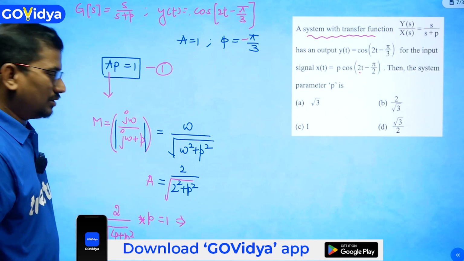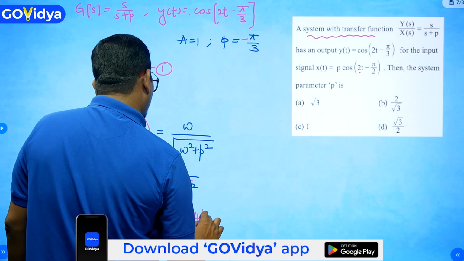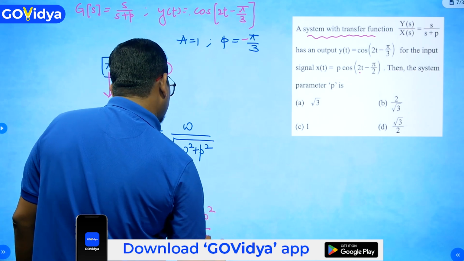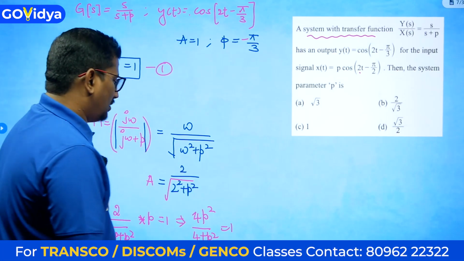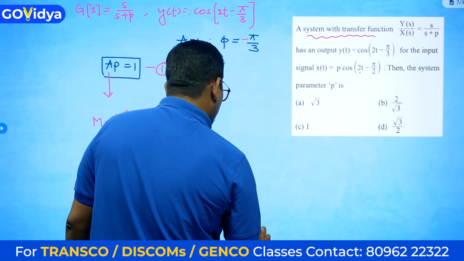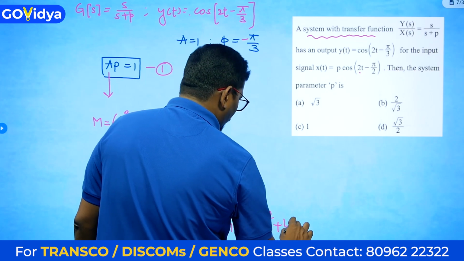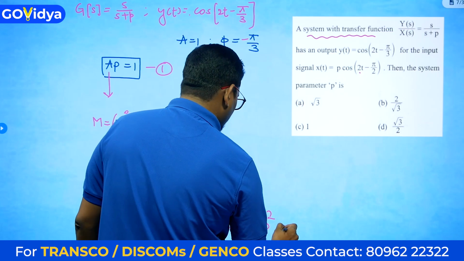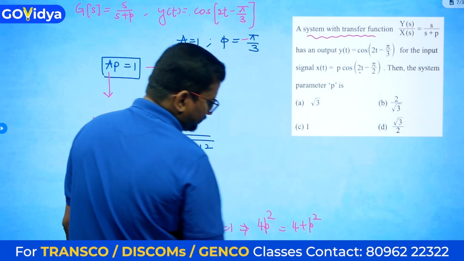Now squaring on both sides, 4 p square by 4 plus p square is equal to 1. Now from this, 4p square is equal to 4 plus p square.